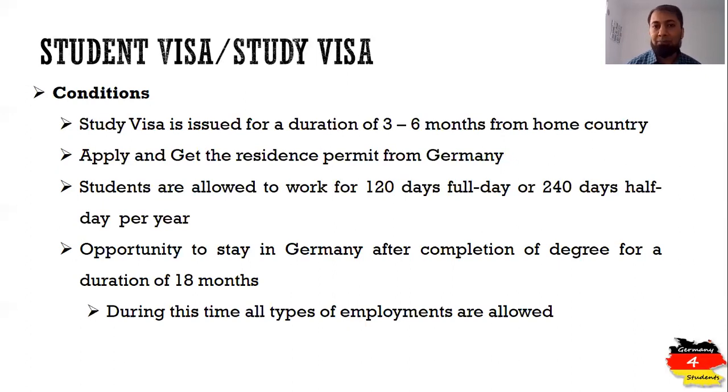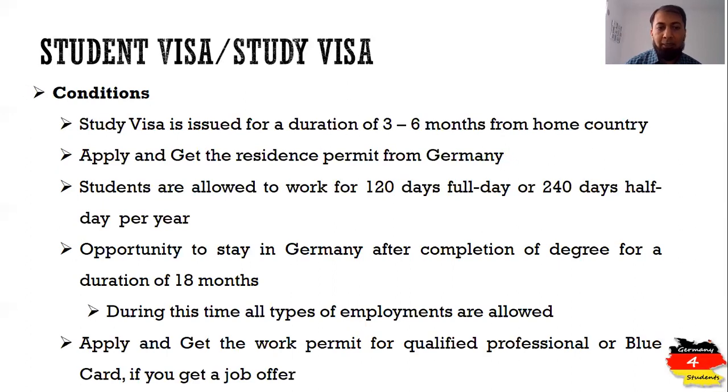You can spare some time, 4 or 5 hours, 2 or 3 days per week, so that you can also get some earning. And once you have a job offer, then you can apply for a residence permit or a work permit for either qualified professional or blue card, so that you can continue to work in Germany after you have completed your studies.